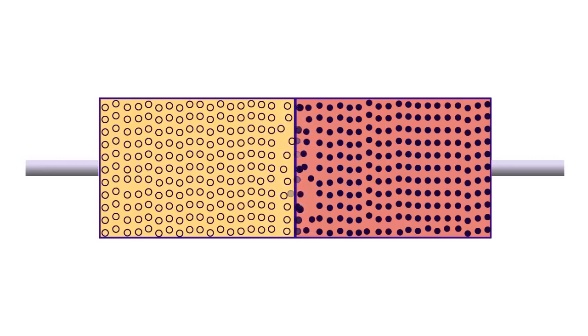Every time an electron of the n region combines with a hole of the p region, it leaves behind a positive immobile ion on the n side. Similarly, the holes of the p region get attracted to the n region, diffuse, and combine with atoms of the n region, leaving behind a negative immobile ion.